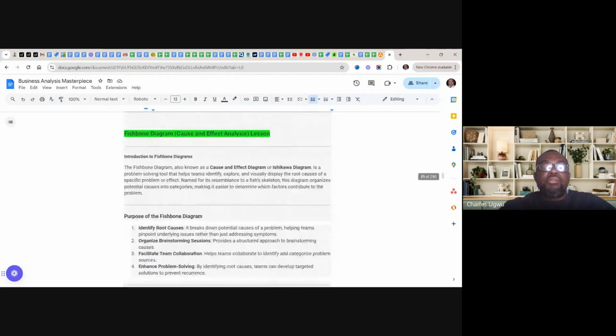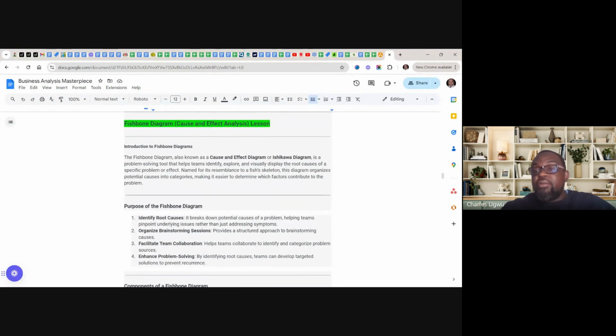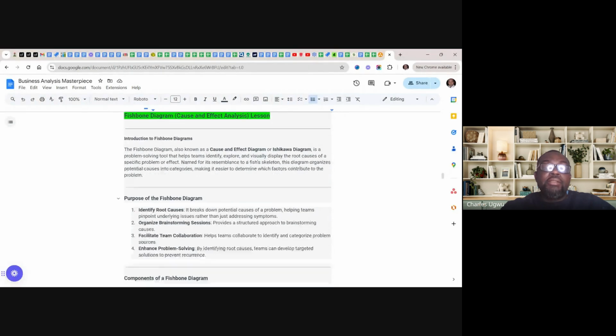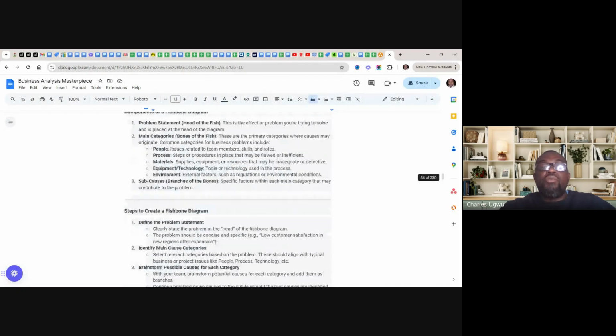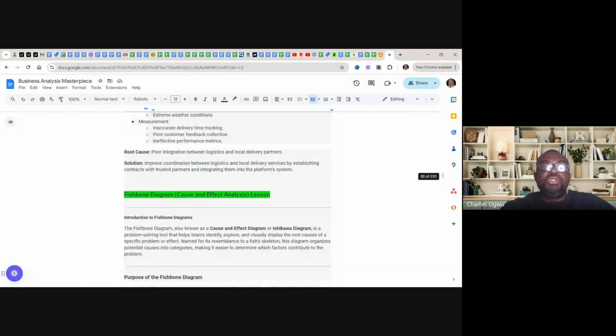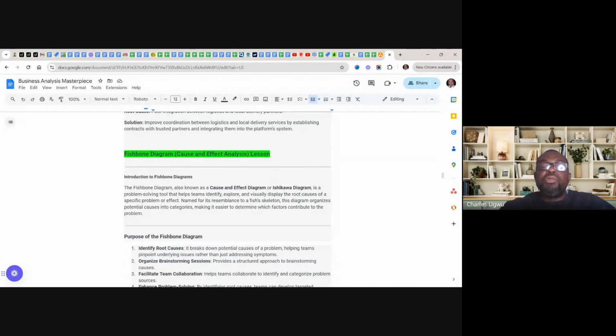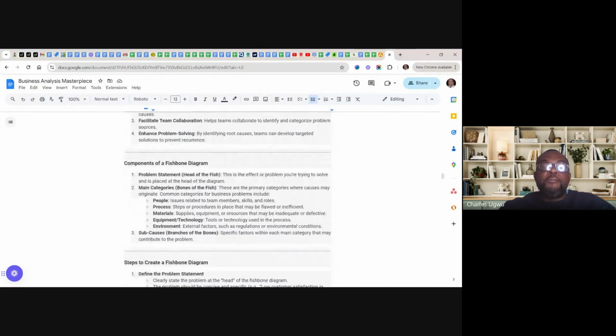And to help us understand the fishbone diagram very well, there is another resource for us, a one-page document, which I'll try to upload by tomorrow with the lecture notes.